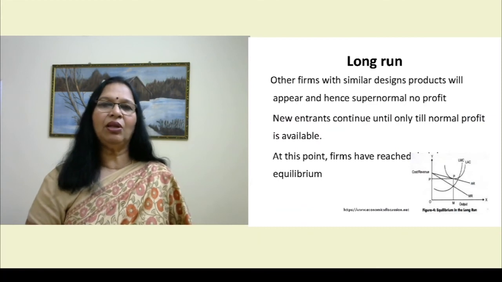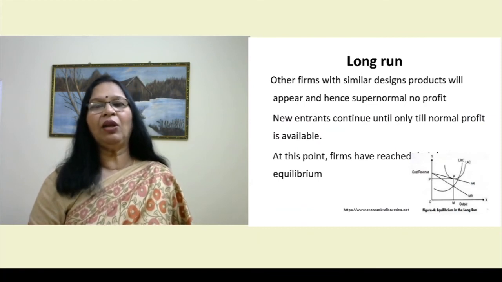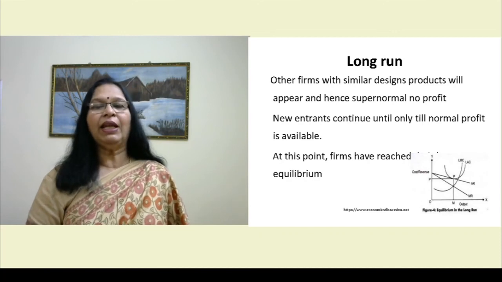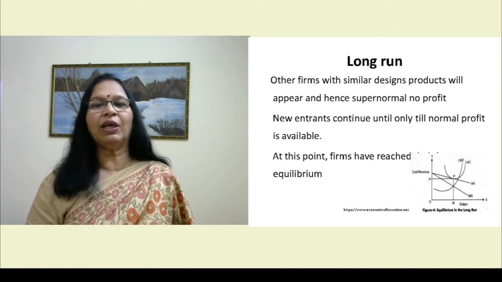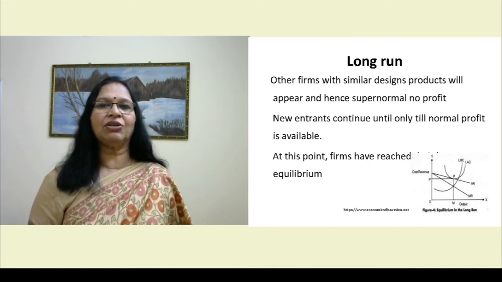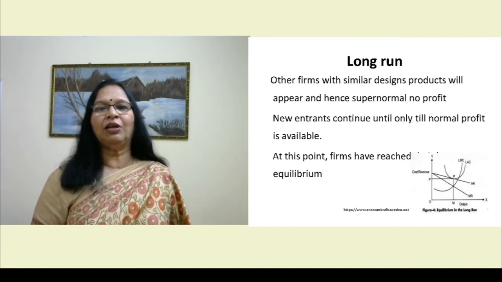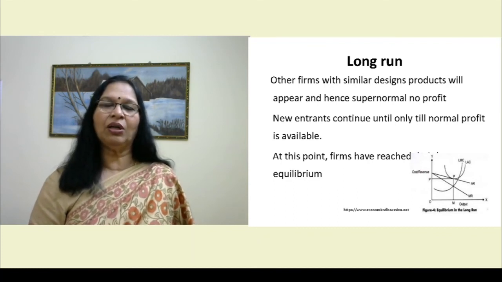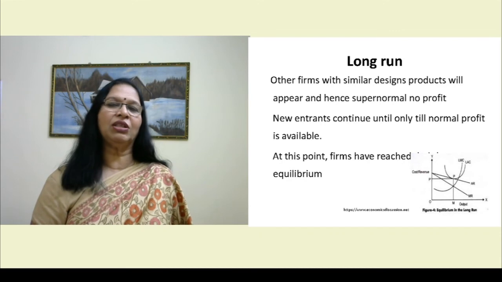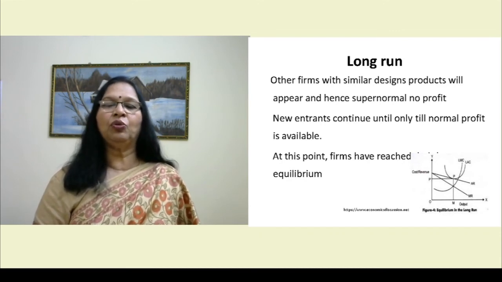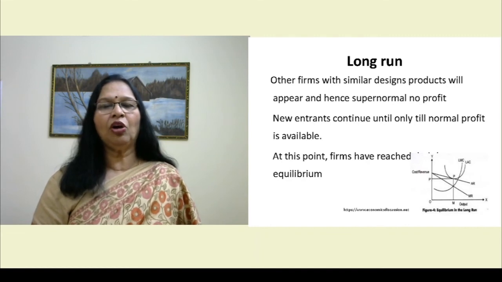And what happens in the long run? In the long run, if any of these products make very good profit, there will be new entrants into that group, and the firms are constantly striving to innovate and produce something uniquely different. In the long run, firms can earn only normal profit, because firms will continuously join that group, and new entrants will continue until only normal profits are there.